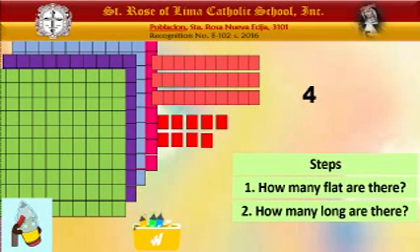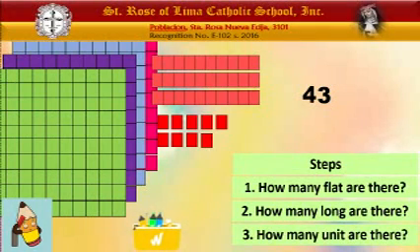And next, the second step is to count how many longs are there. So we have 1, 2, 3. So we have here 3 longs. So all we have to do is write number 3. And the last step is we count how many units are there. So if we count the units, we have here 1, 2, 3, 4, 5, 6, 7, 8, 9.